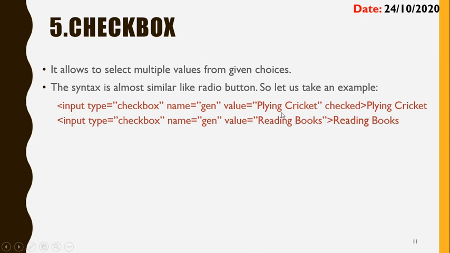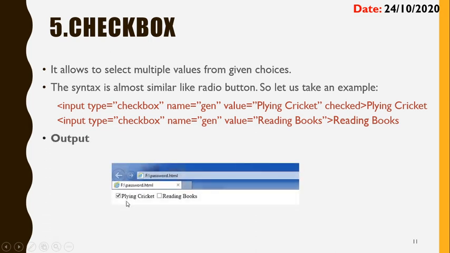Here it says playing cricket, and the next one is reading books, and playing cricket is already checked, meaning already selected. Look here, the output is like this: playing cricket, reading books. In front of these two there is a small box that is called a checkbox. You can check whatever your hobby is. You can select both reading and playing cricket also.